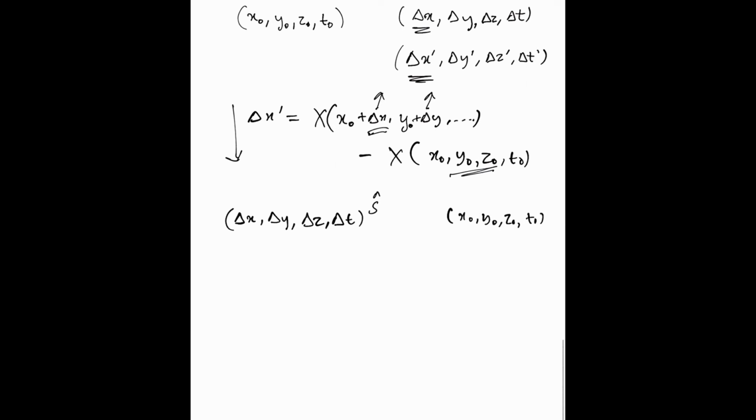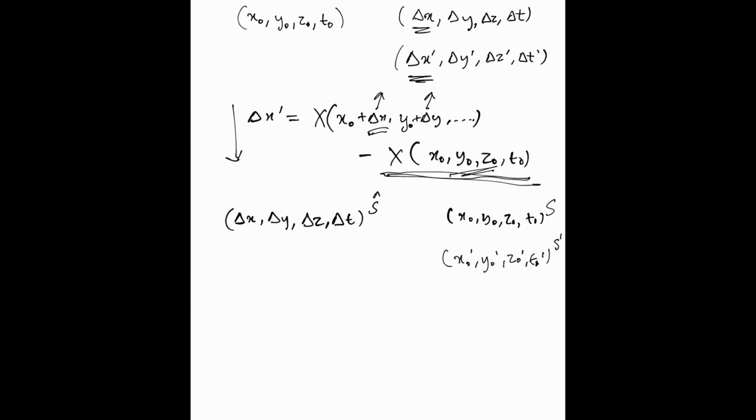Because at x naught, y naught, z naught, t naught in the system S, what we will get in the system S hat is the origin. And also, if we had x naught dash, y naught dash, z naught dash, t naught dash, which I haven't written before, but x naught dash is basically this quantity, x of x naught, y naught, z naught, t naught, and so on, this is in the S dash system.